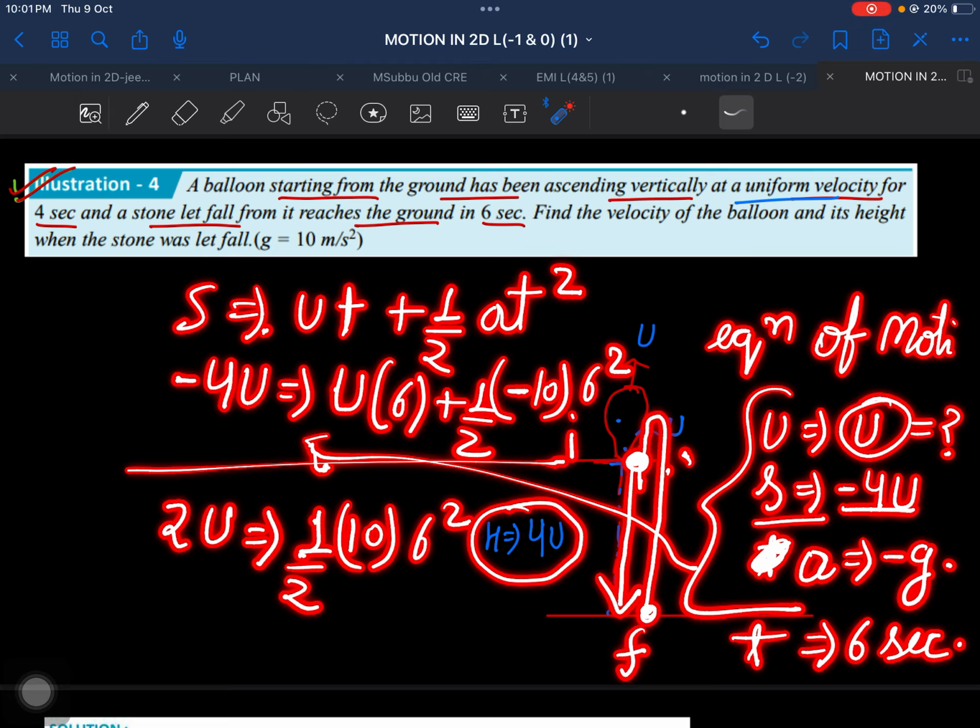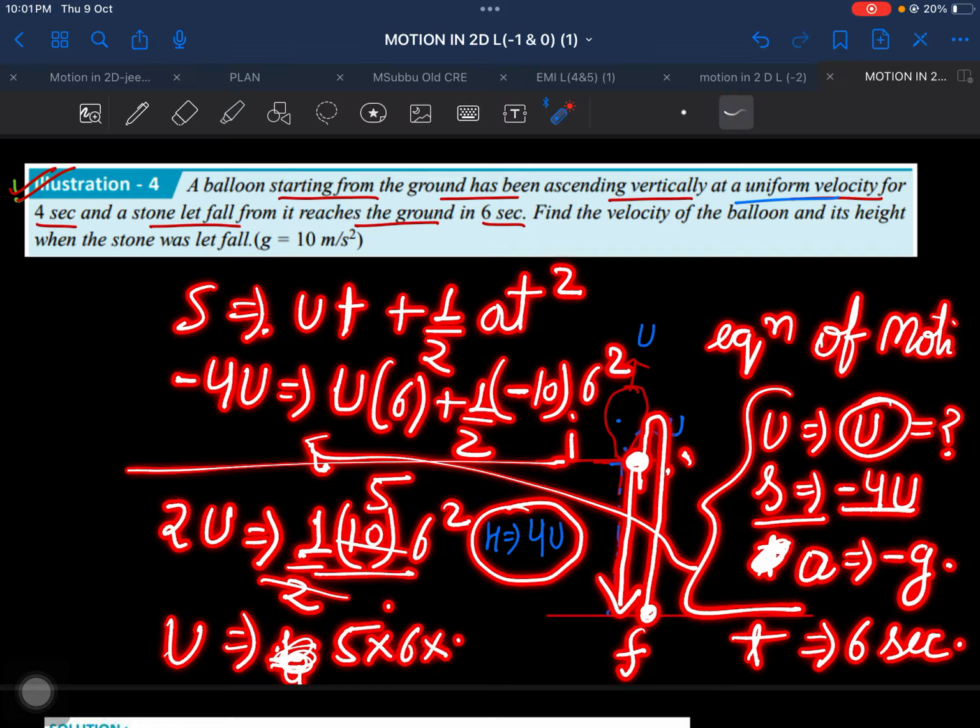Is that clear? Yeah, you can also solve it, and that will be your velocity.